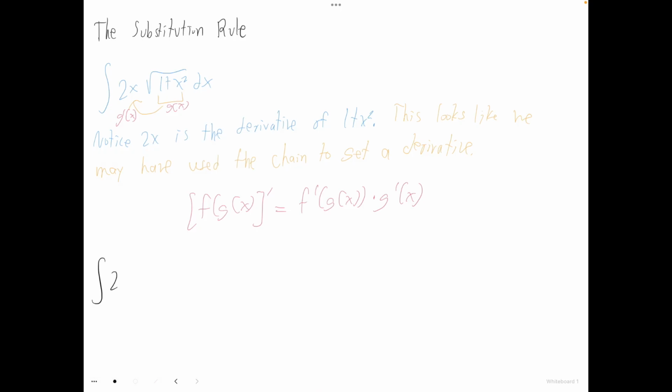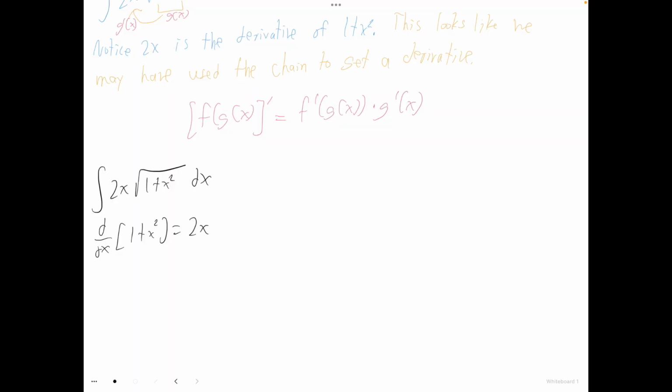Let's write this a bit more formally where I have more space. The derivative of 1 plus x squared is 2x. So if we pick g of x to be 1 plus x squared, using the notation above, g prime of x would be 2x.